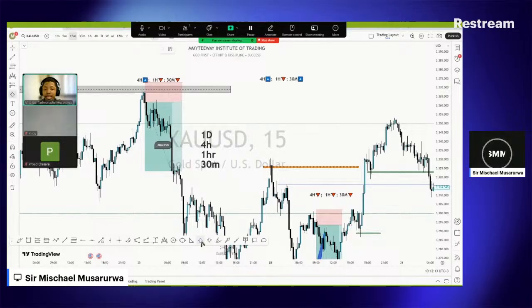So let's say the 1 day is going up, the 4 hour is going up here, and the 1 hour is going down. On this trade, once I want to enter in the 30 minutes, I won't enter at all, because these two which are closest to my time frame are in contradiction.